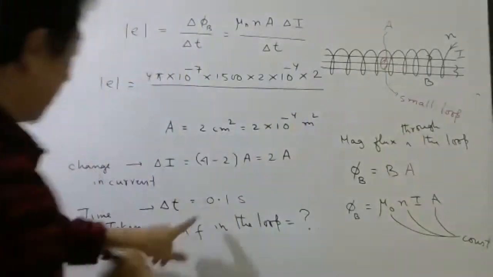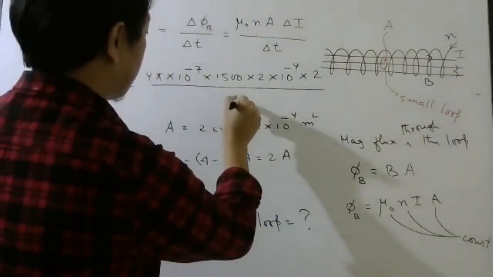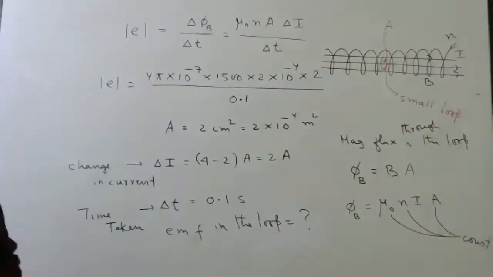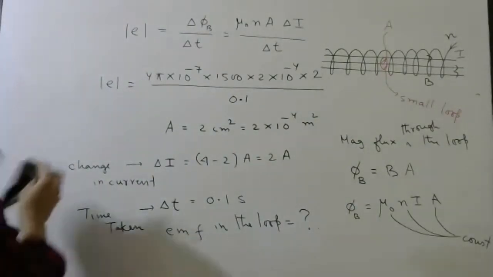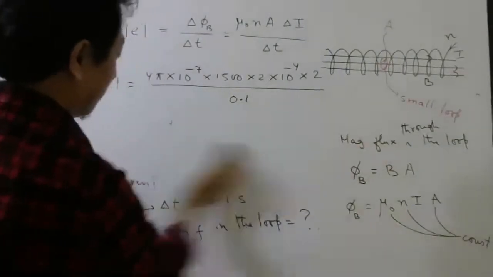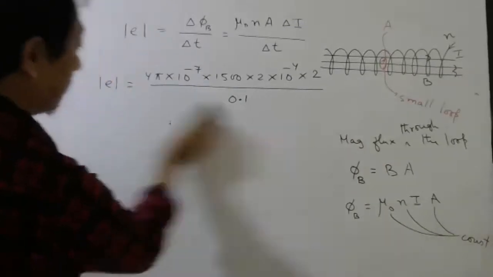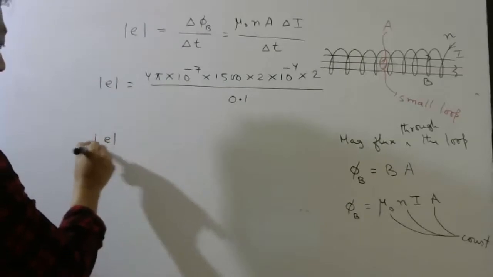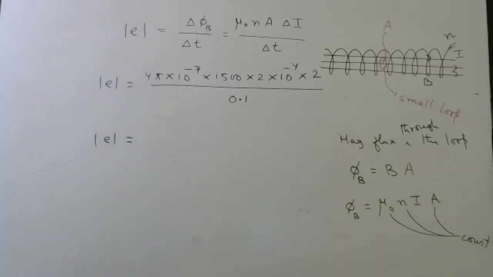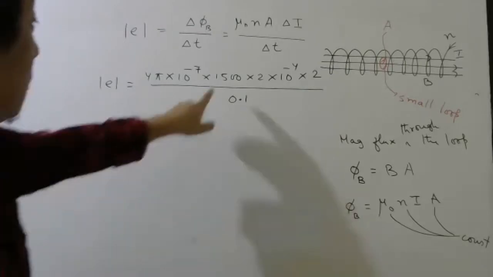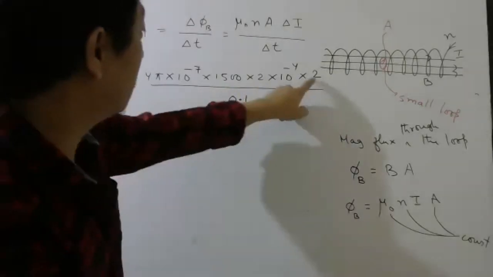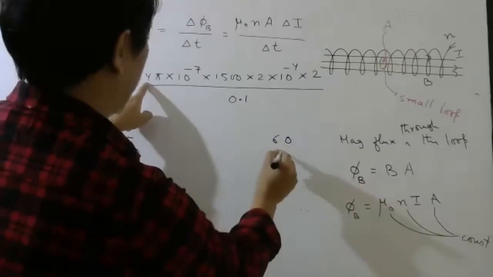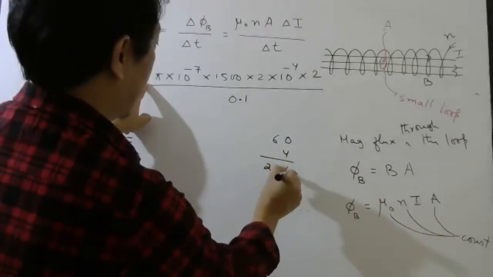Time interval is 0.1. Okay, please calculate. Anyone got the answer? Fifteen twos are 30, 30 twos are 60, 60 fours are 240, right?